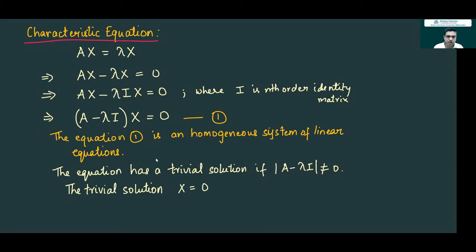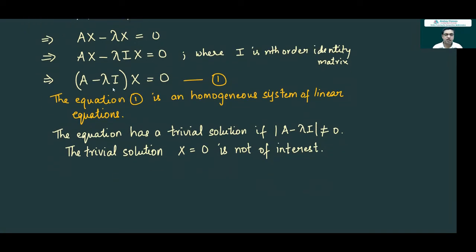For a homogeneous equation, X is a set of unknowns, X1, X2, X3, let's say, and the trivial solution is all of them being zeros. Then automatically this will be 0. The trivial solution X equal to 0 is not of interest to us, because then lambda can be anything, it doesn't make a difference. We are interested in when we have solutions other than X equal to 0.